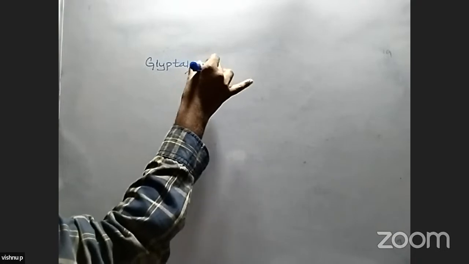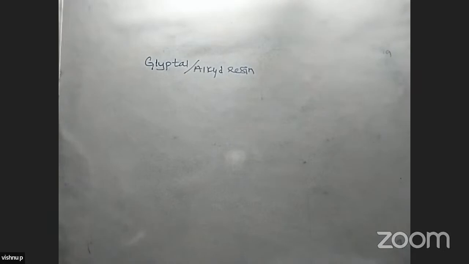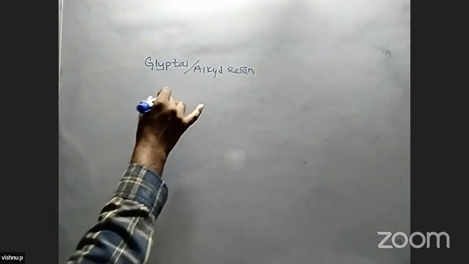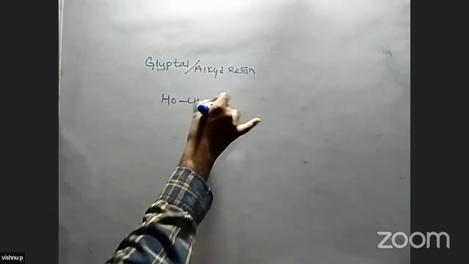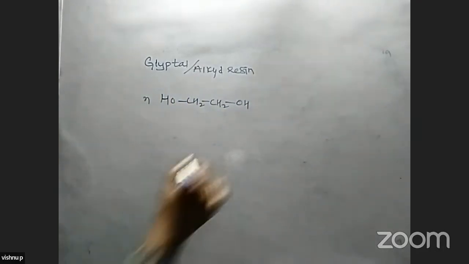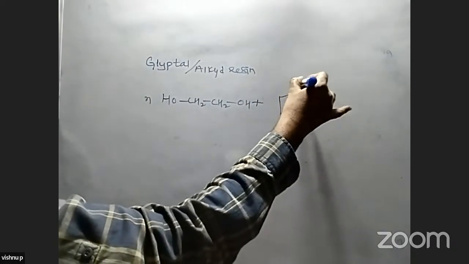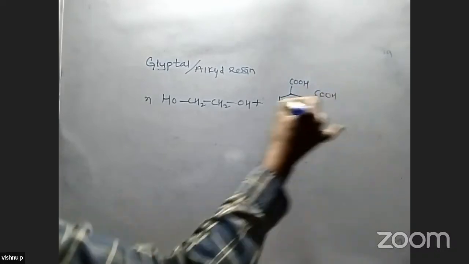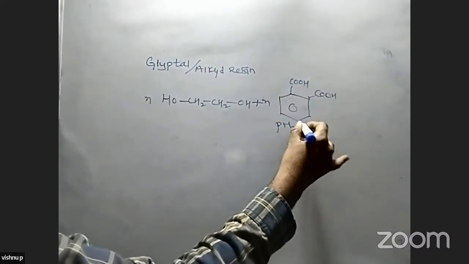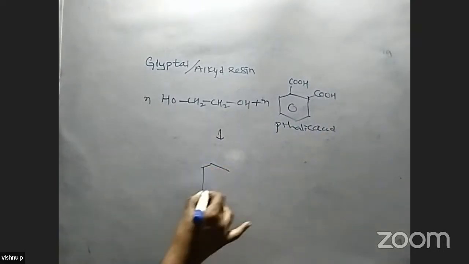The second type of polyester is glyptal, also called alkyd resin. What are the monomer units of glyptal? N number of ethylene glycol molecules with n number of phthalic acid molecules combined give glyptal.